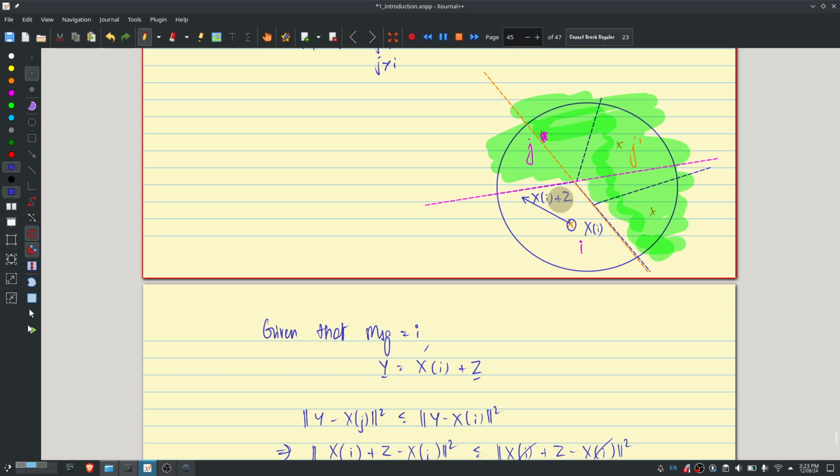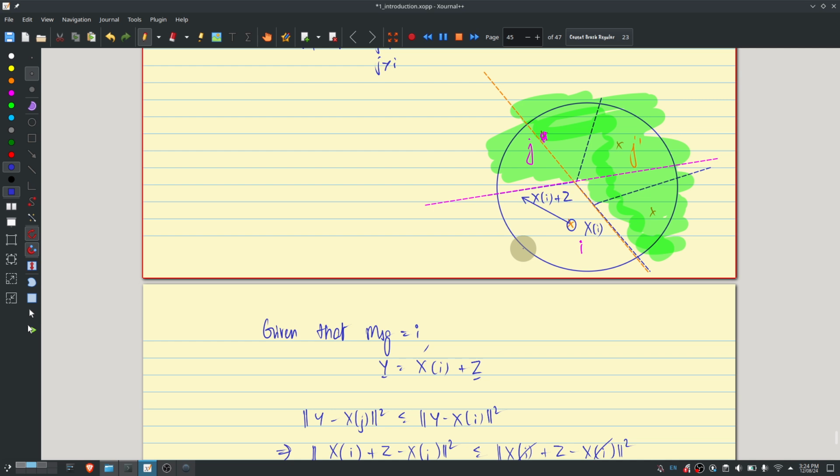So ultimately it depends on how much z shifts x of I, and by how much, at least visually, how much can it shift x of I so that it's definitely not in error? Half of the distance between x of I and x of j. So if the norm of z is less than half of the distance between x of I and x of j, then it won't be in error. You're safe. But again, it is not necessary that it should be less than half of the norm. For example, you could be really far away from x of I, but in the completely opposite direction.